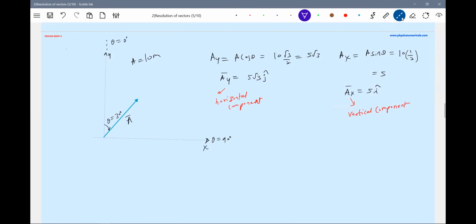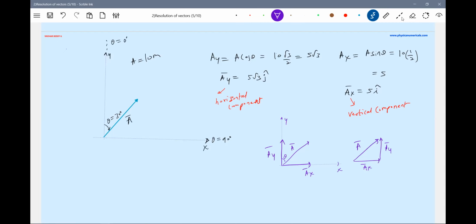I'll bring one more diagram. Here you will get A_x bar, this is A_y bar, and this is A bar. So again, rewrite in the vector form: A_x bar, A_y bar, and this is the resultant A bar, which was making angle theta with the y-axis.